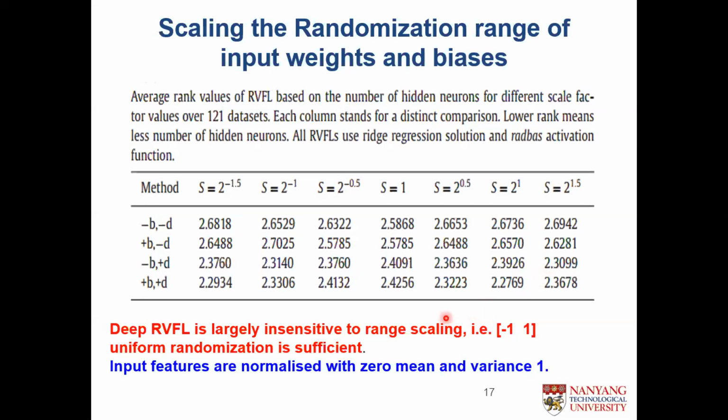Thank you. As I mentioned previously, what we found was uniform randomization between -1 and +1. That is what my students are using in all our codes, and they said that was fine. But recently they found that with this randomization, we can include some normalization methods commonly used in deep neural networks.